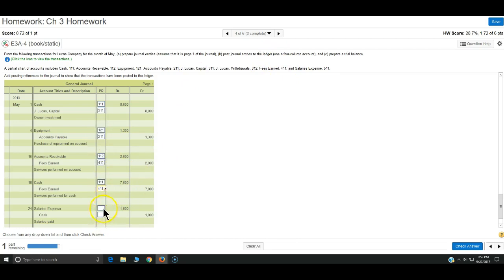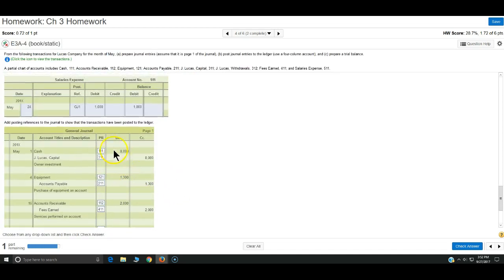Then we have salaries expense, which is account 511, so we can refer to that account to make sure the thousand's in there. And then the cash account came down. All right, I think I'm cool.